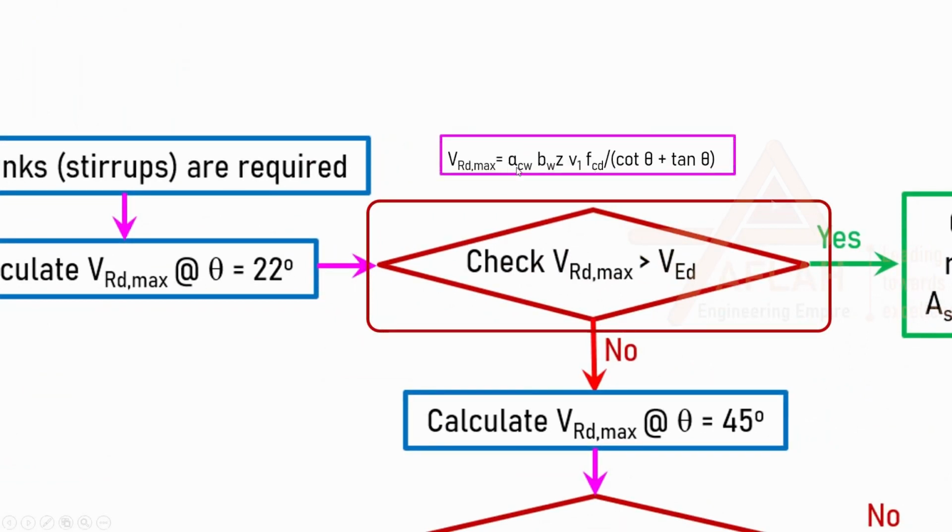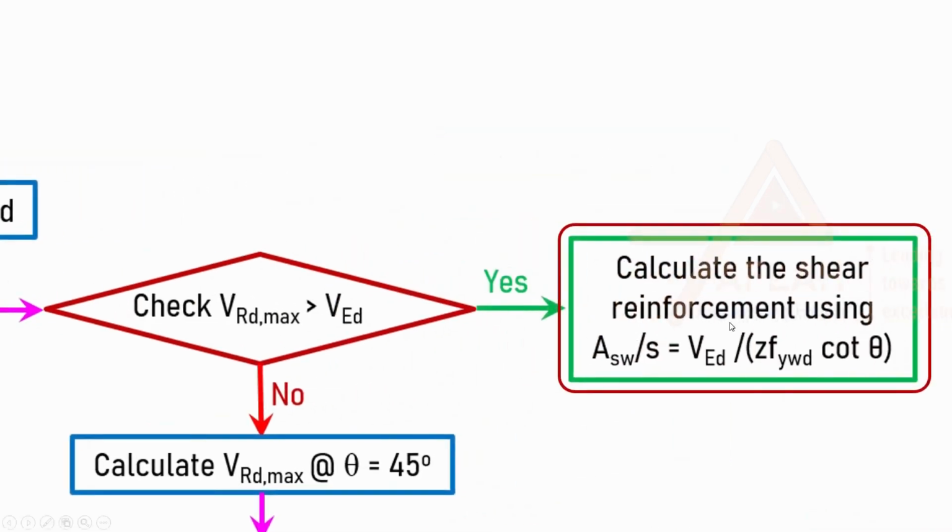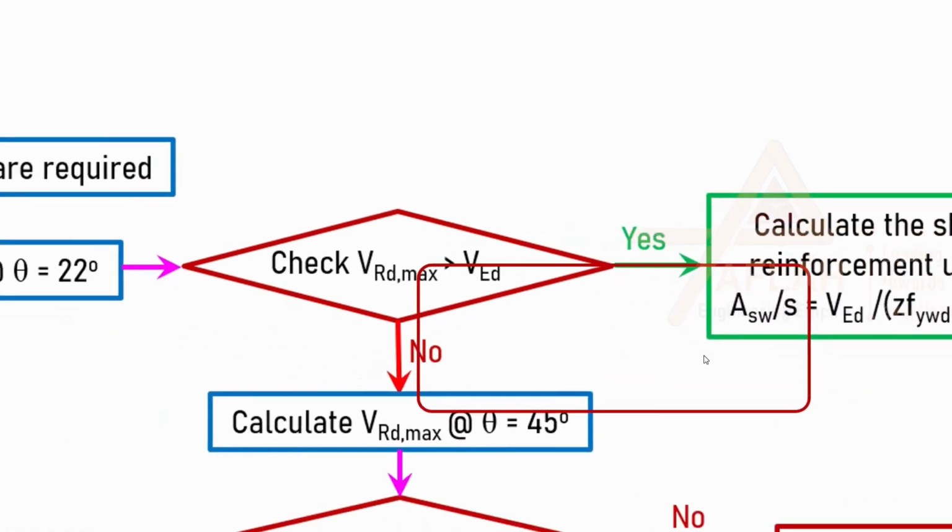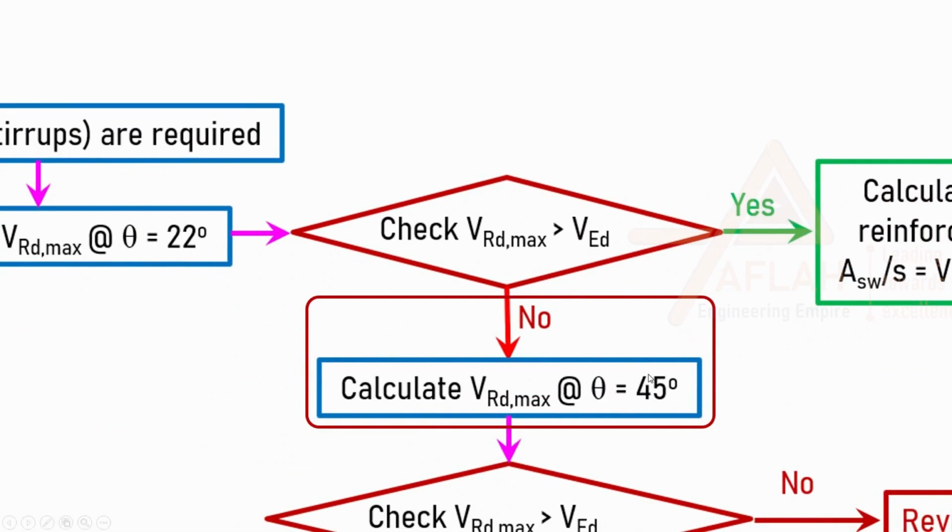It is given by this formula, alpha cw times b w times z times v1 times fcd. With this, I have to check whether VRD max is greater than VED. If VRD max is greater than VED, it means that our assumption theta 22 is okay, so you need to go to calculating the reinforcement. If not, we have to try it with 45.